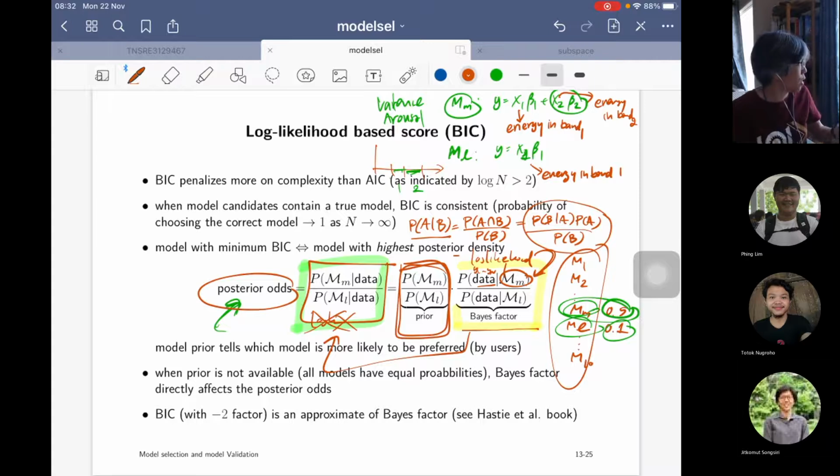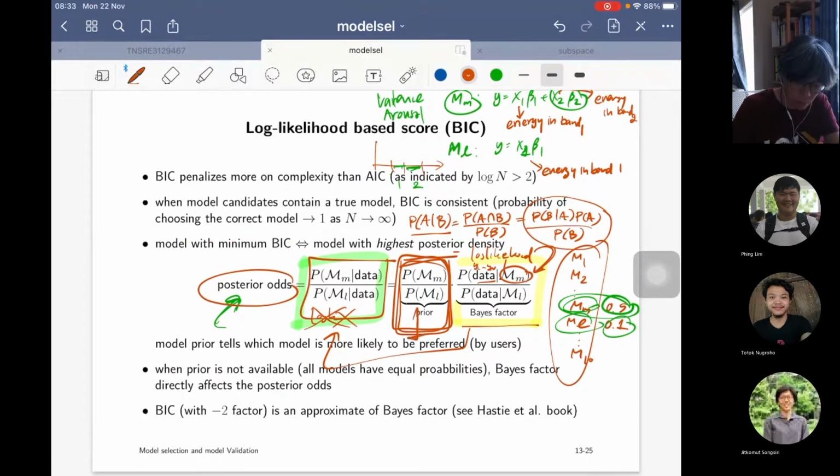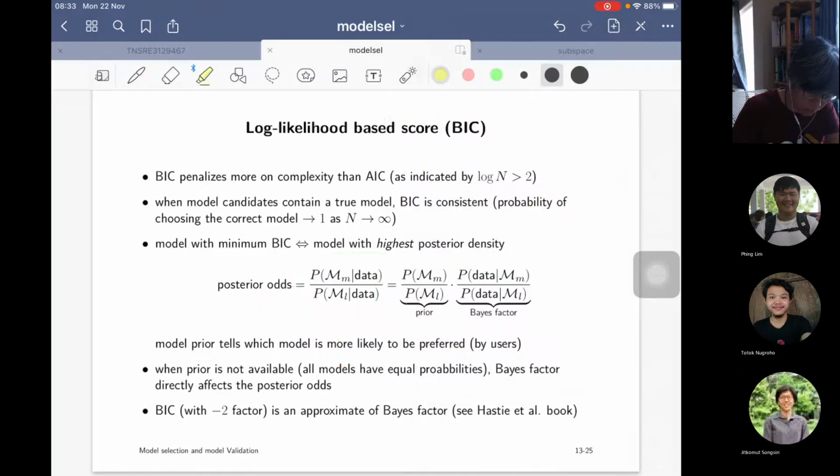That seems to be the most common one that users would pick. In that case, this ratio is 1, and the term that will have the highest influence on the posterior odds would be the term in the yellow box. The term in the yellow box is called the Bayes factor.